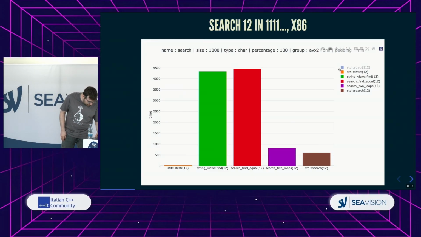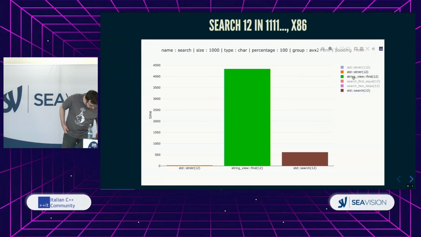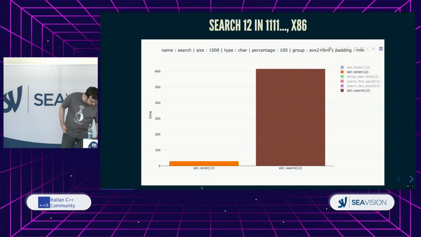Then we have my two loops. Then std::search that is about 7 times better. Then find equals simple find. And then strstr is again about, I don't know, 12 times faster, something like that.